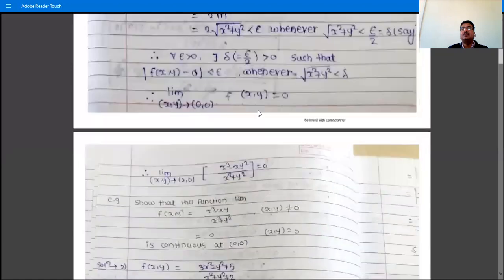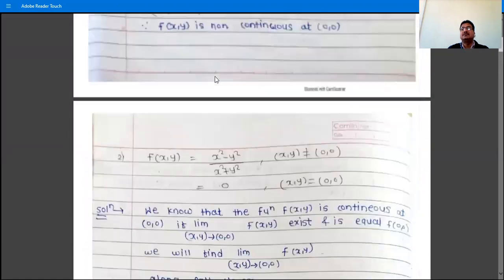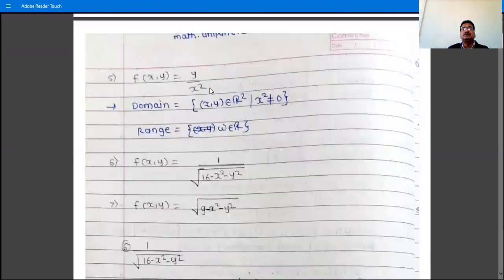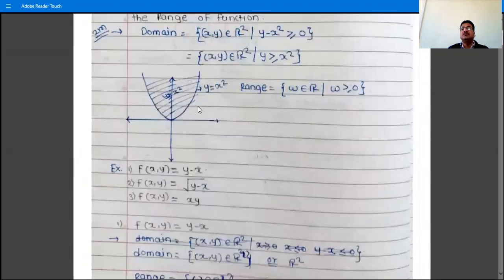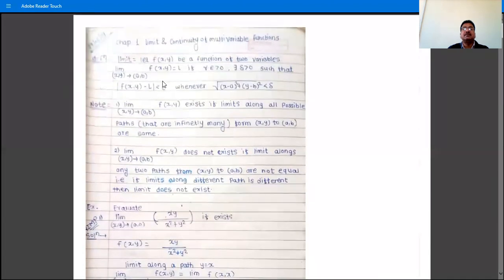We can write the equivalent statement of that. What is the definition of limit? When we say the limit of f(x,y) as (x,y) tends to (a,b) is L, it means for every epsilon greater than 0, there is delta greater than 0 such that mod f(x,y) minus L is less than epsilon whenever root of (x minus a) square plus (y minus b) square is less than delta.